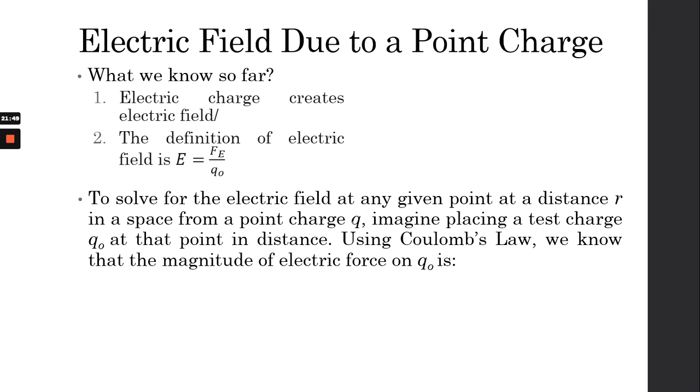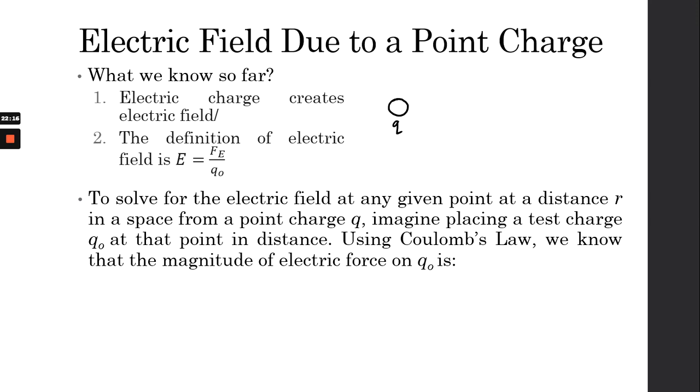Okay, so to solve for the electric field at any given point at the distance r in space from a point charge Q, let's use our black. There we go. So if this is my Q, this is my point charge or my source charge. This is where the field is originating.